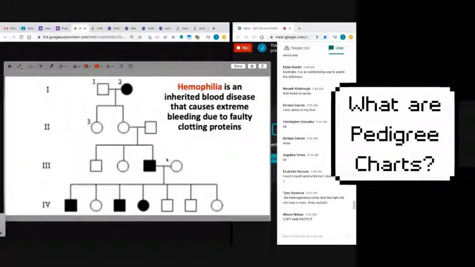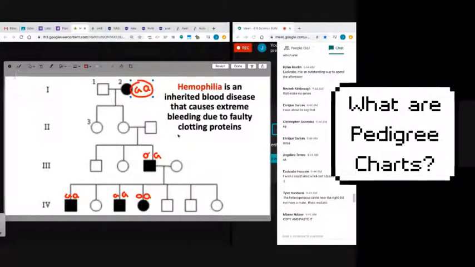By the way, a recessive disease means that you need two recessive alleles in order to have that disease. So remember, people who have a recessive characteristic, like red hair, blue eyes, whatever you're talking about, need two recessive alleles in order to have it.